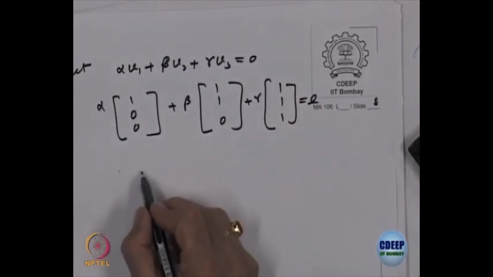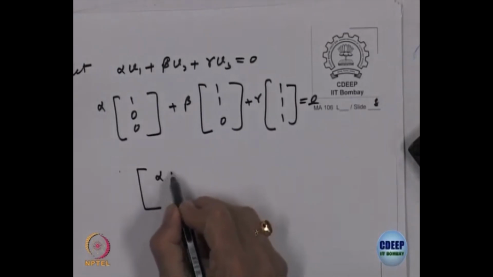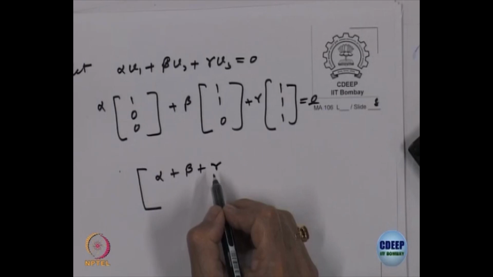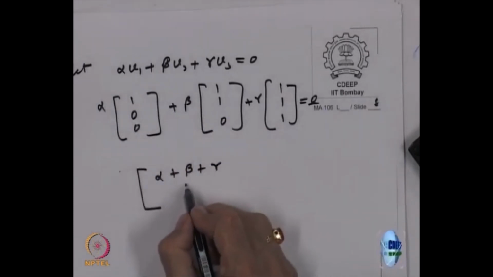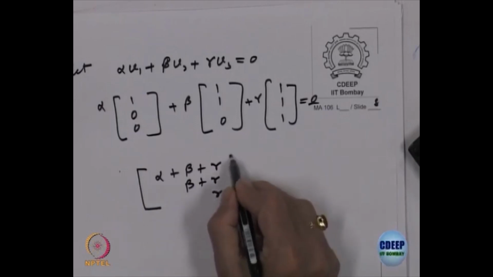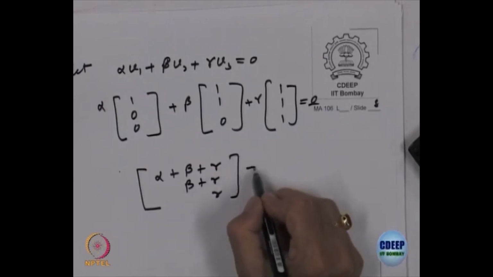Let us simplify. What is it meaning? It means alpha plus beta plus gamma, that is the first element. What is the second? That is beta plus gamma, and that is the third one, that is gamma, should be equal to 0.